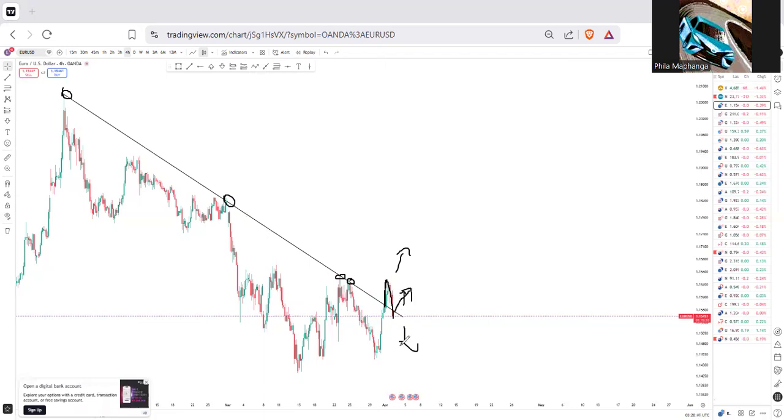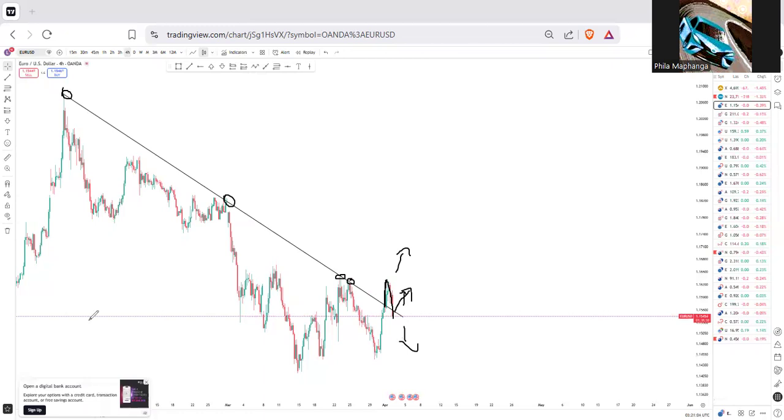Get the direction of the market from a higher time frame. As you go down to a smaller time frame, you will know specifically what to look for. You will know that on a higher time frame we are pushing the market down. That means when I go to a smaller time frame, I must be looking for sell opportunities.